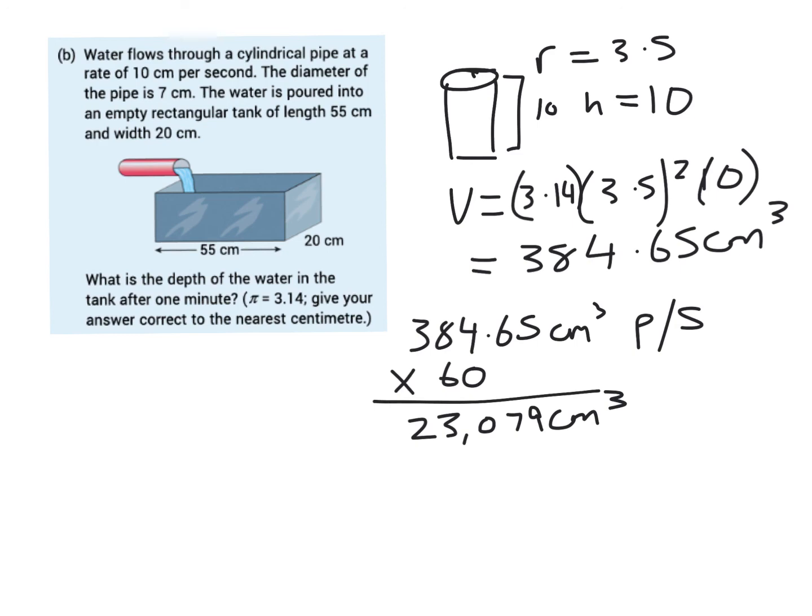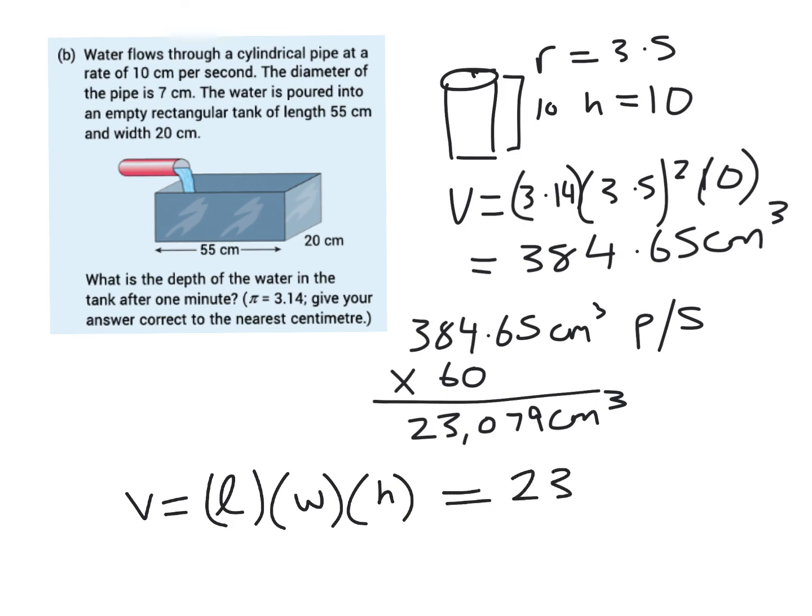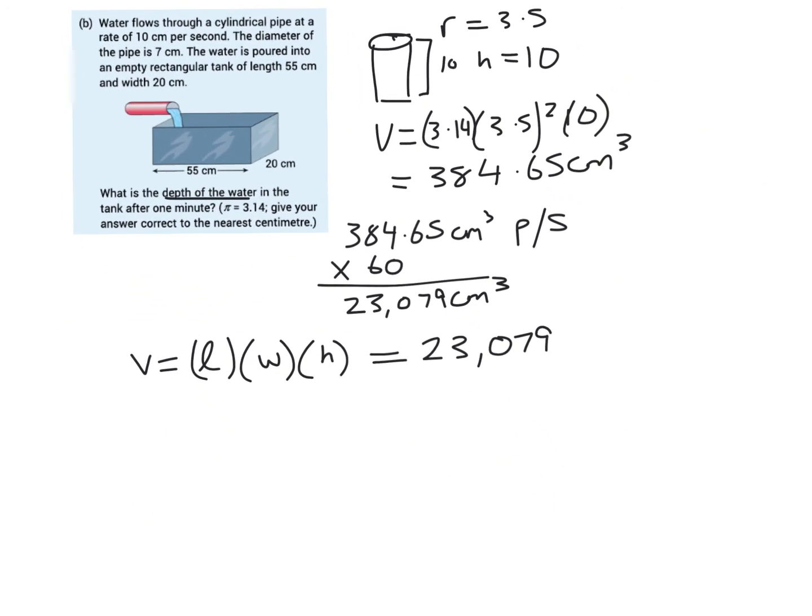Now, the volume of the tank is going to be equal to length multiplied by width multiplied by height. We know that volume should be equal to 23,079, because what we're trying to find here is the depth of the water, which is going to be the height. Our length we know is 55, just a little bit of algebra here.